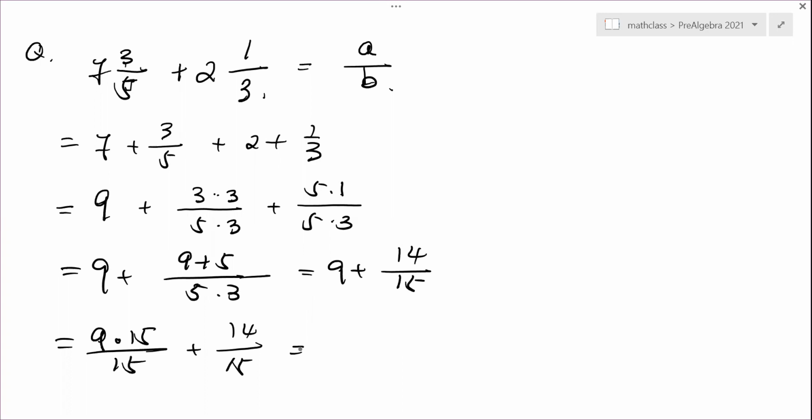So 135 over 15 plus 14 over 15. Then add them together. This will be 149 over 15. So that is supposed to be the answer.